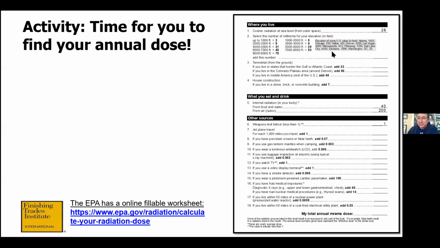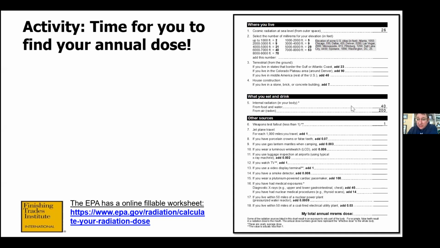So we can see some of the stuff that we were asked to enter here. Cosmic radiation at sea level, and then depending upon where you lived, you had to add a factor to that. Terrestrial from the ground, depending upon where you lived. House construction, if you lived in a stone, brick, or concrete building.